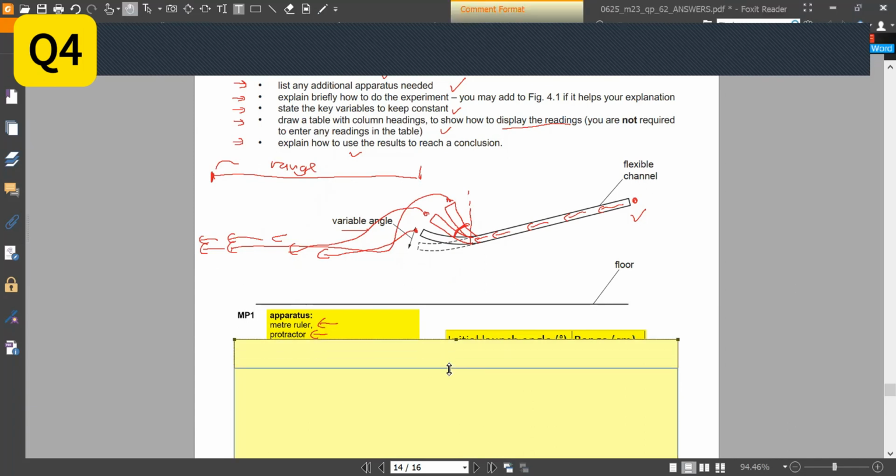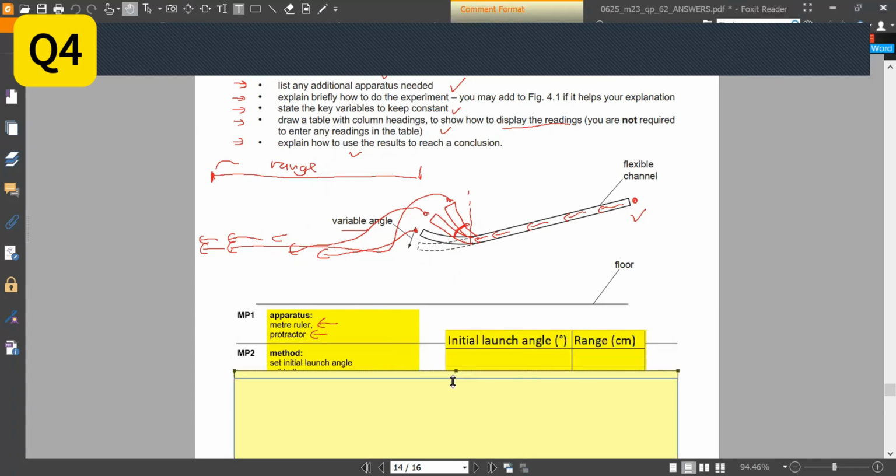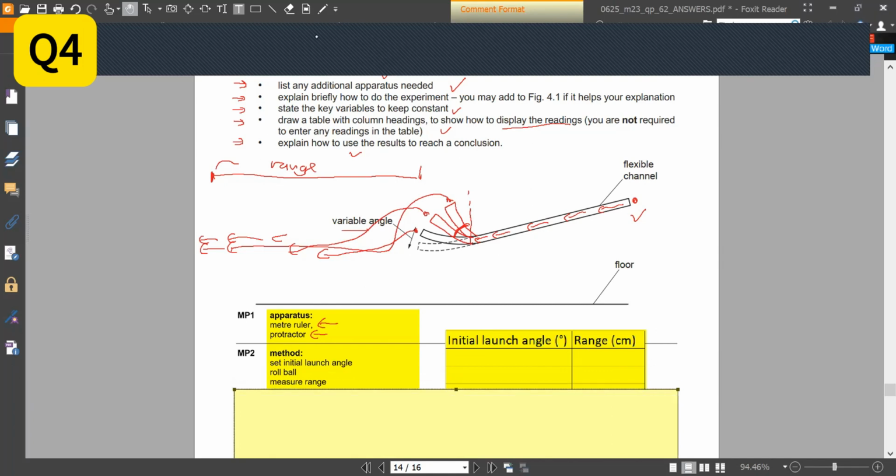Second question, how to do the experiment? So this part is straightforward. So we can get the points here. For this question, the total will be 7 points. So finally, in our answer, we will write more than 7 key points. We try to write as much as possible so we can get the full marks.